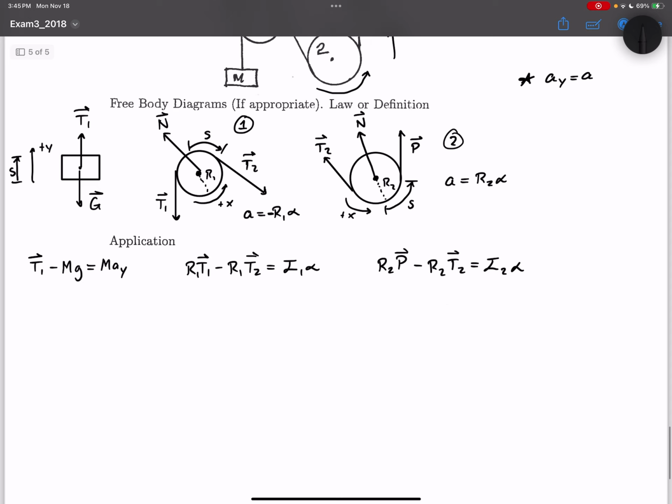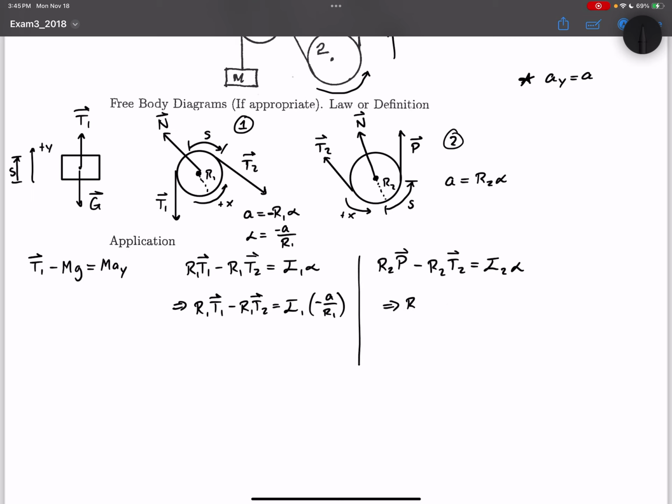And so we can replace alpha with the expression we just created, so alpha is going to equal acceleration over R. So it's going to be negative A over R1. And then for pulley 2, I'll just draw a line here.